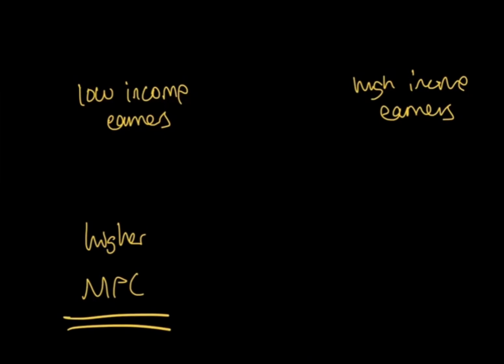The money would circulate, it would be an injection into the economy anyway. If I let higher income earners keep more of their income, what are they going to do with that? Well, they'll save it, and it'll be a leakage from the economy. Saving is a leakage or withdrawal in the circular flow.